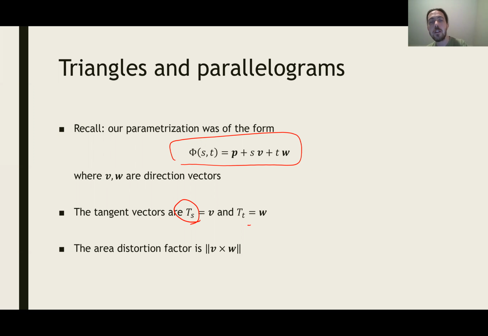I still just calculate two tangent vectors, the tangent vector in the s direction and the tangent vector in the t direction. Those give me back my direction vectors, v and w. And so in this case, the area distortion factor is constant. It's just the length of the cross product, v cross w. So that's one way that you could go back and recover the formula for the area of a triangle or a parallelogram.